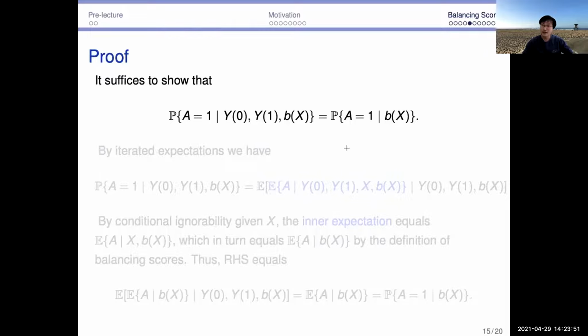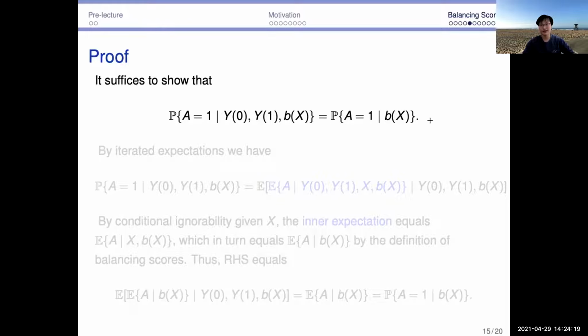What we want to show is that A is independent of Y0 and Y1 conditional on B of X. Writing out the definition of conditional independence, it suffices to show that the probability of A equal to 1 given the potential outcomes and B of X is equal to the probability of A equal to 1 given the balancing score.